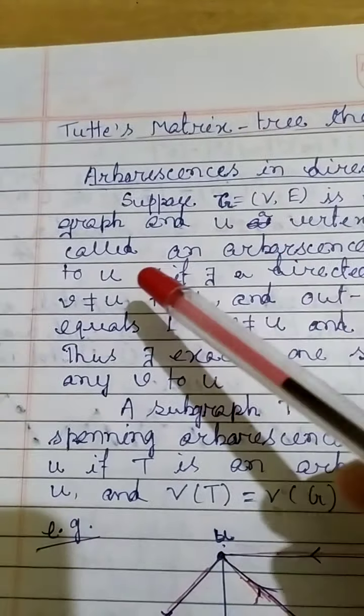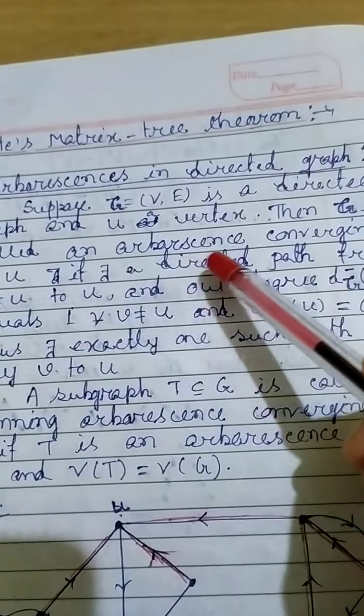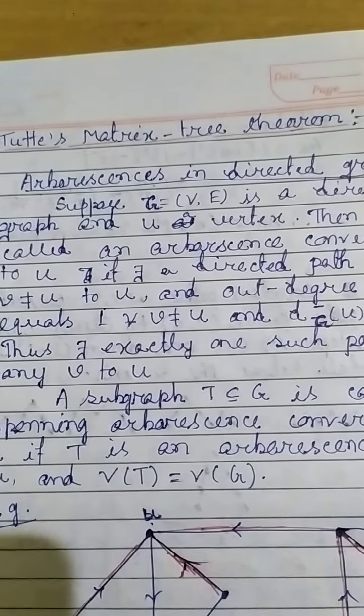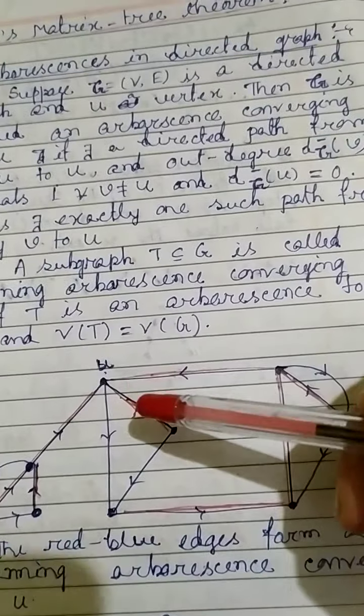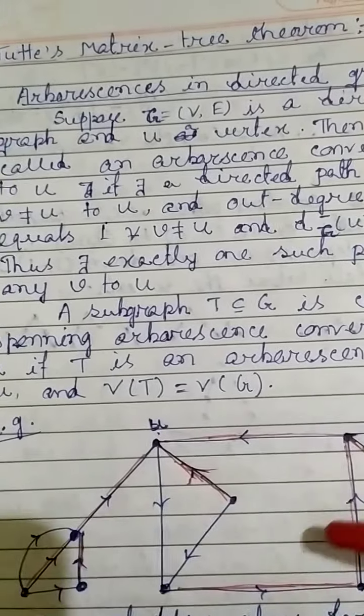Then we say that G is called an arborescence converging to U.